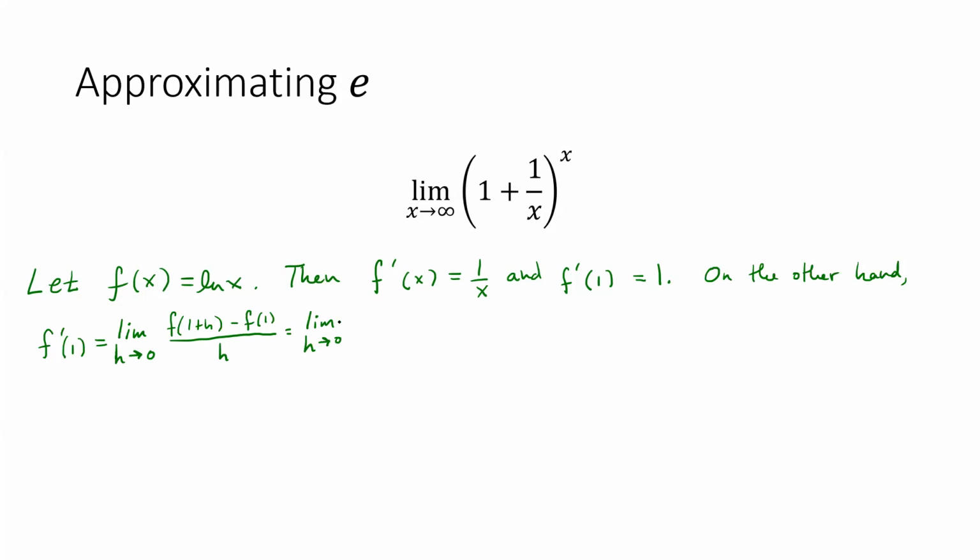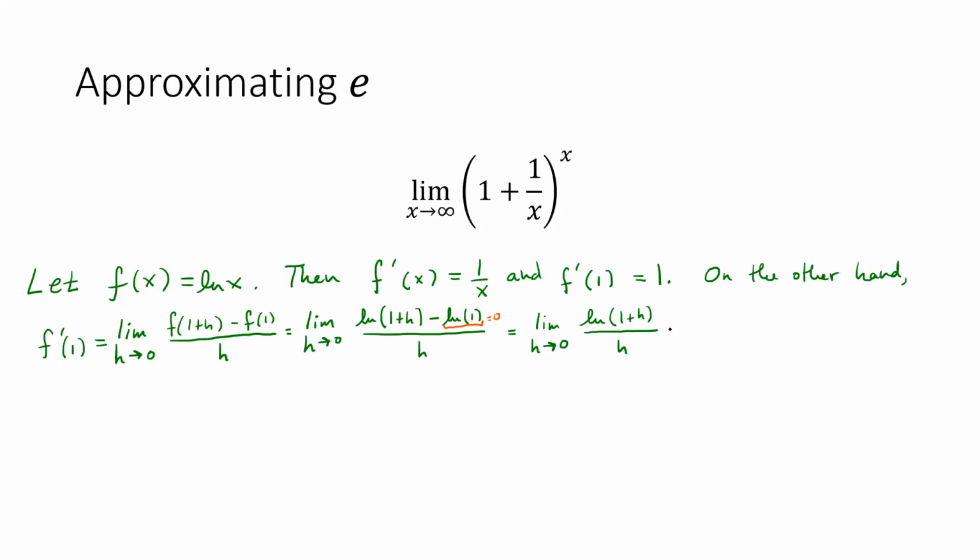f of 1 plus h is ln of 1 plus h. ln of 1 we know is 0. So this is just the limit as h approaches 0 of ln of 1 plus h, all over h.